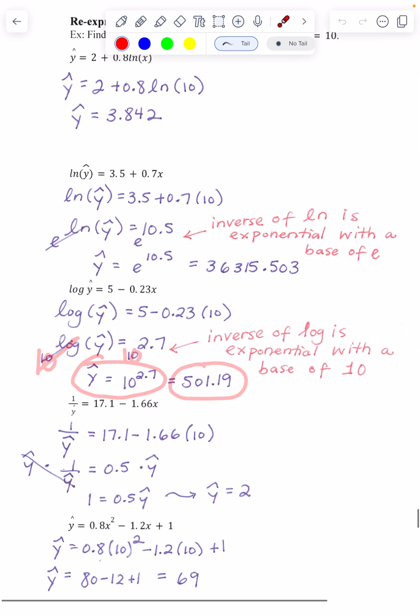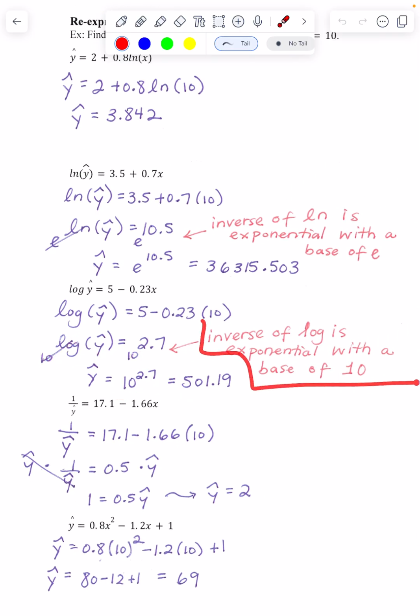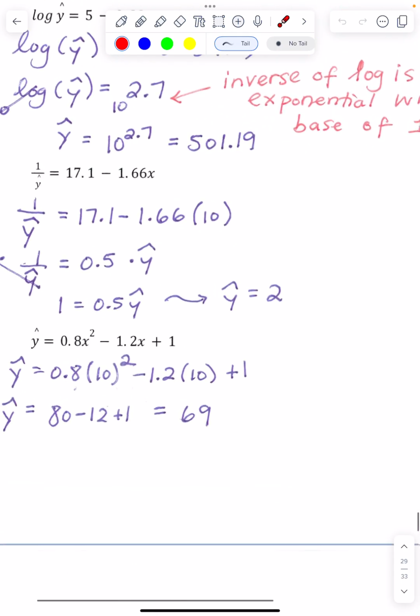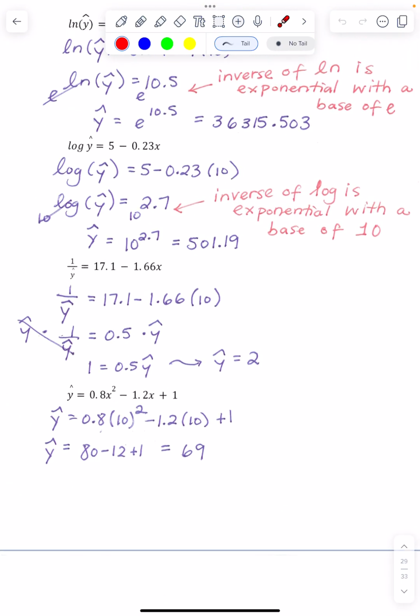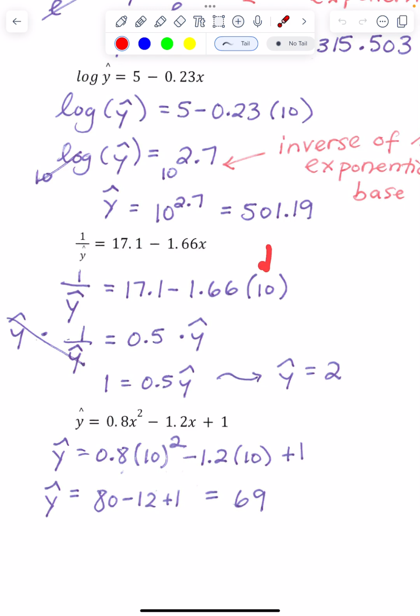Another thing to memorize, okay? The inverse of log is exponential with a base of 10. So 10 and log are a pair. Finally, not finally, we got two more. Okay, plug in 10 here, and we need to use some algebra to get to y hat.